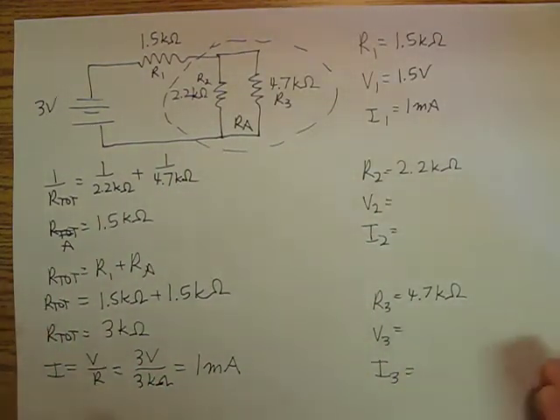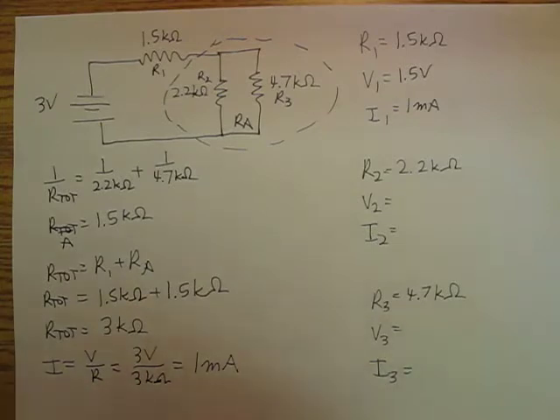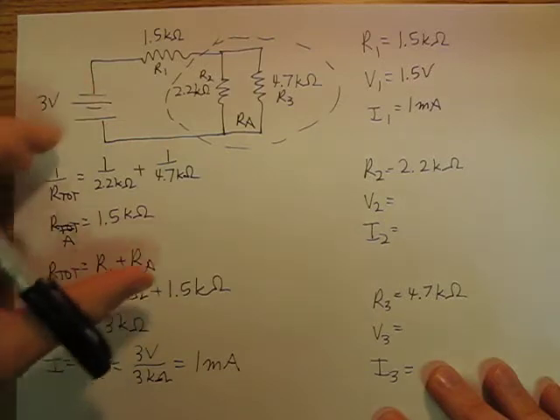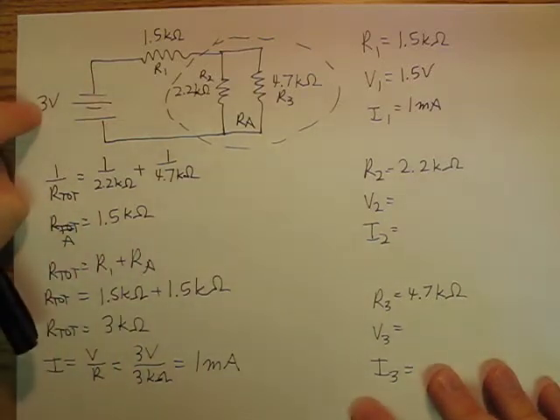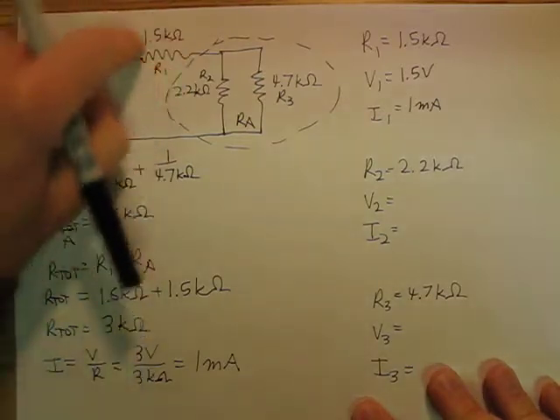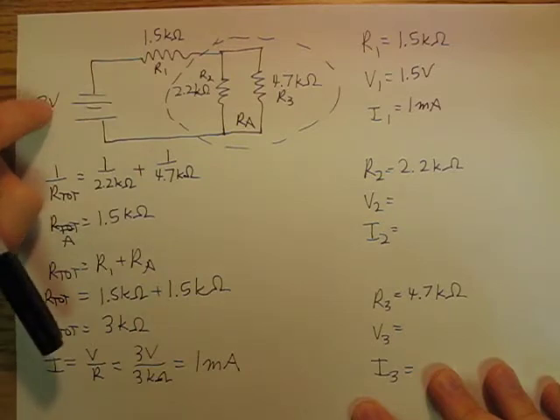I swear I just grabbed random resistors, and it's just kind of working out. The next videos are not going to work out nearly so nicely. It started off with 3 volts, and this resistor ate up 1.5 volts out of the 3.